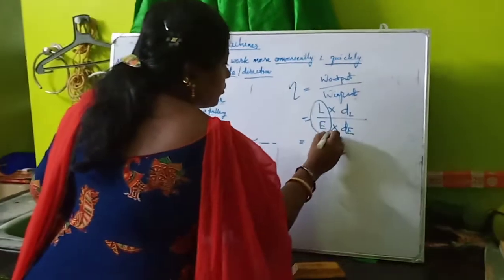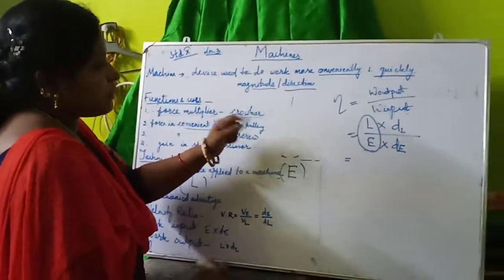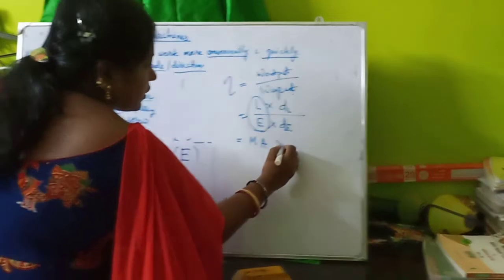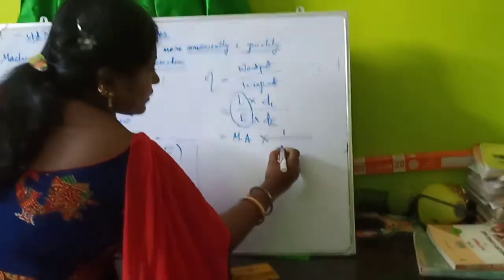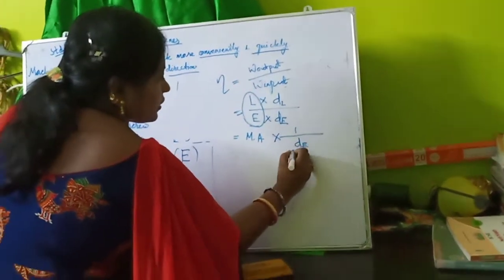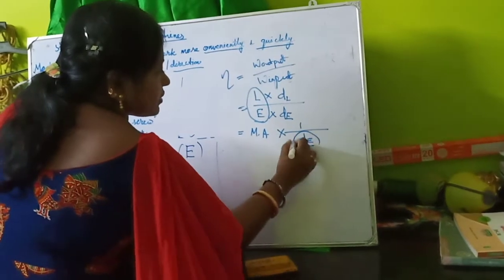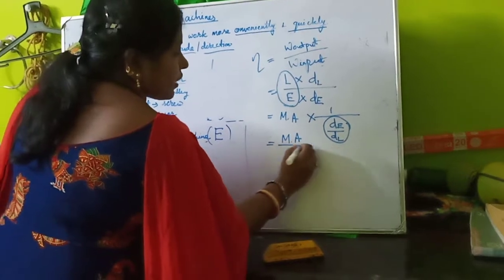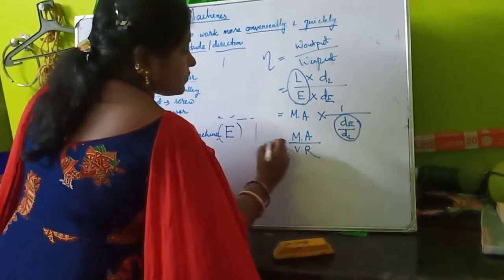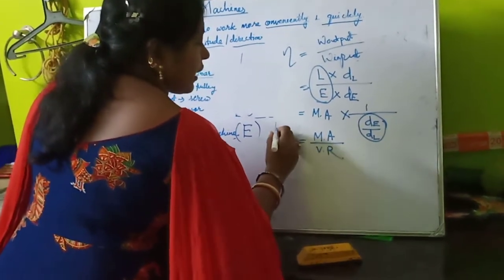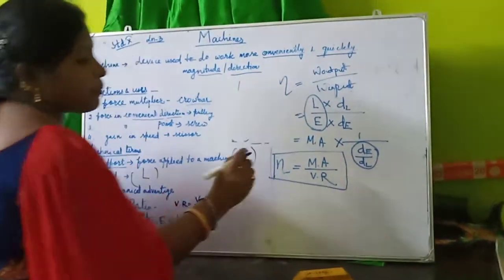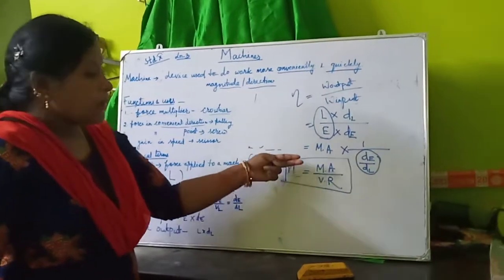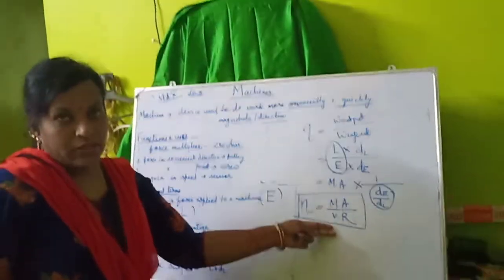You know load by effort is nothing but MA. And DE by DL is nothing but VR. So efficiency can be written as MA by VR. This is the relation between efficiency, mechanical advantage and velocity ratio.